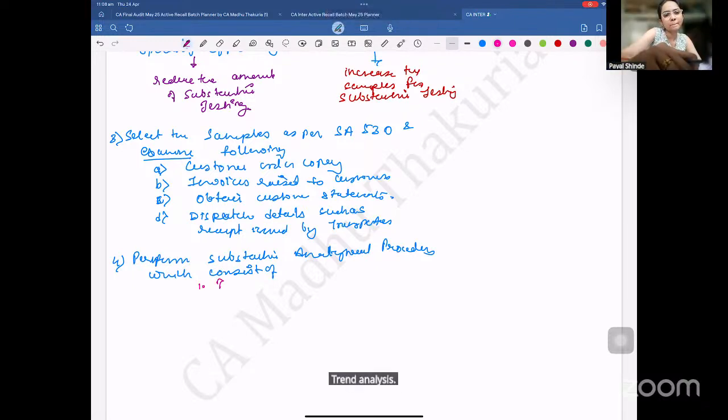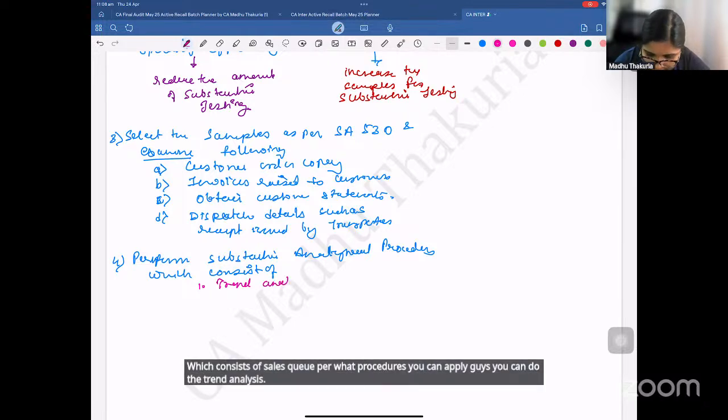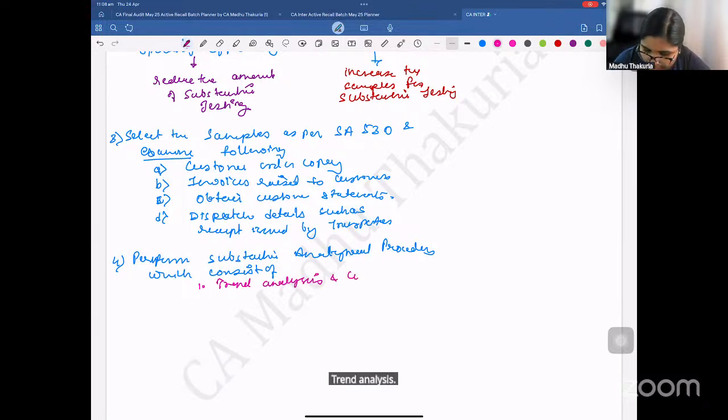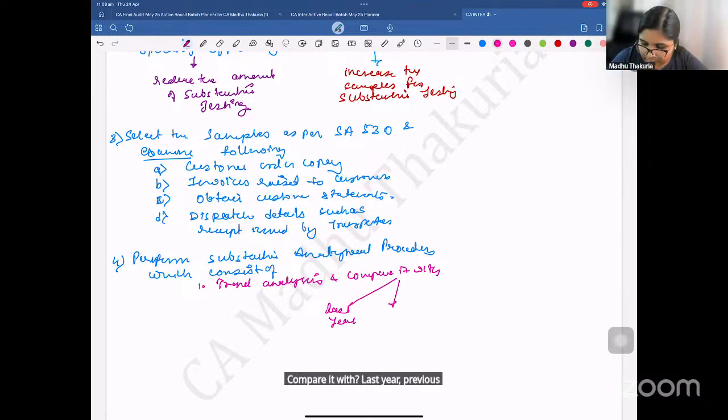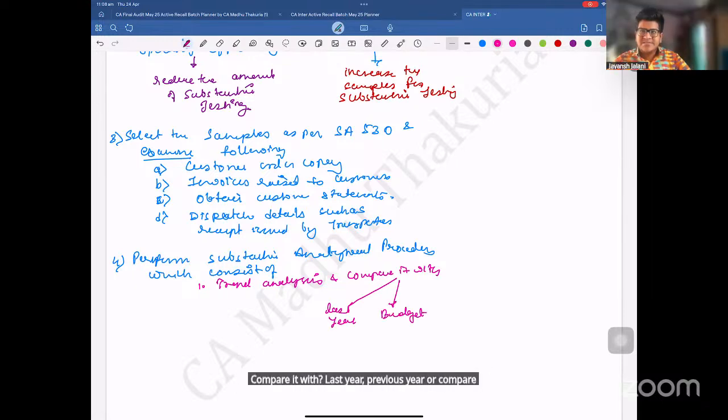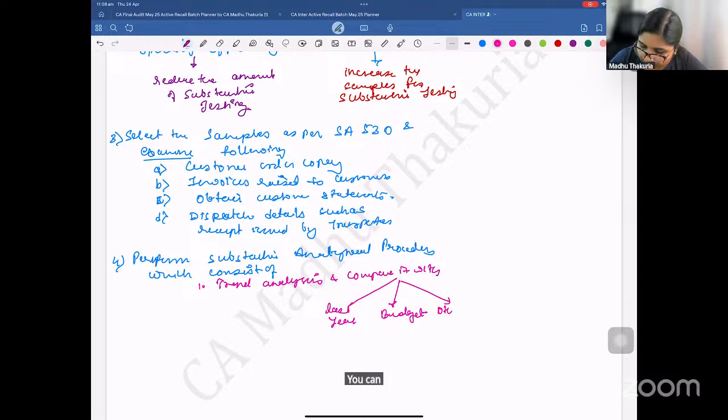You can do the trend analysis and compare it with the previous year, or compare it with the budget. You can also compare with other companies in the industry. Industry analysis you can also do.